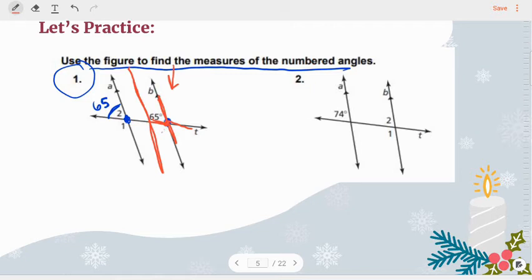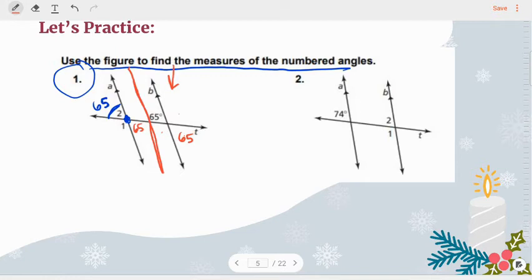If I were to fold along that line right there, they'd line up perfectly. So this angle and this angle are vertical angles. Notice if I were to pick up and set down my intersection, this would slide right here. So this is also 65 degrees.